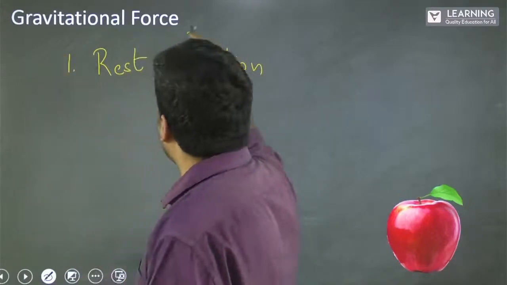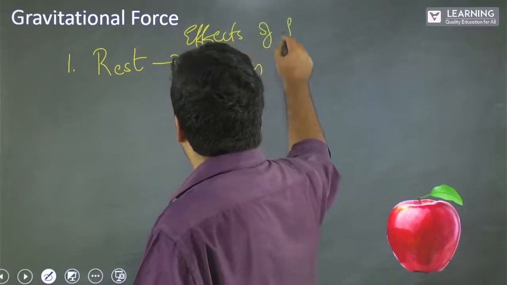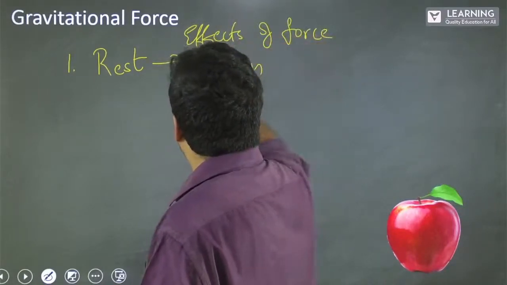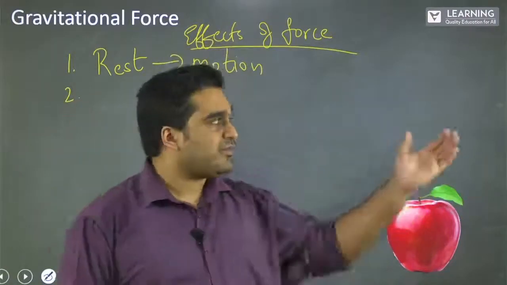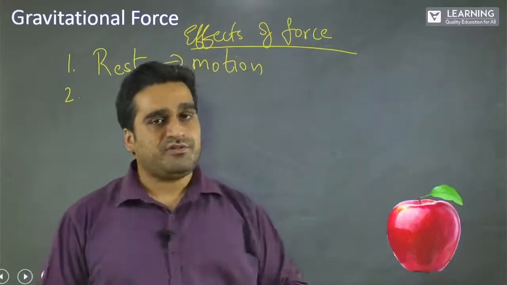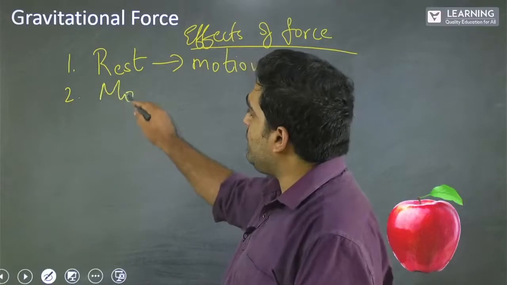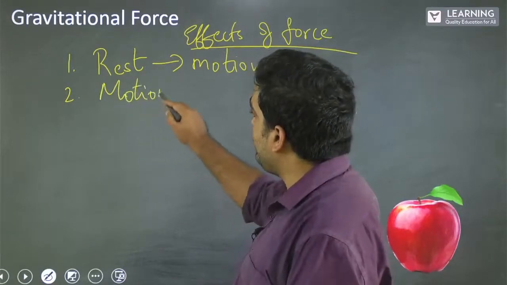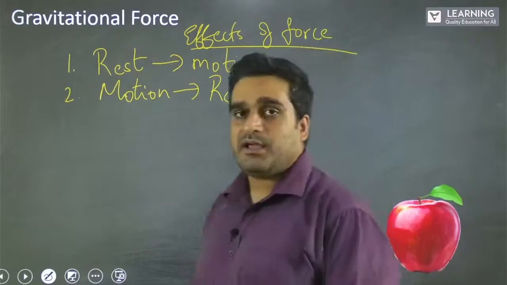Let me write it here. Effects of force. 1: a stationary object starts moving because of force. 2: an object which is already moving can come to a halt by applying a force.